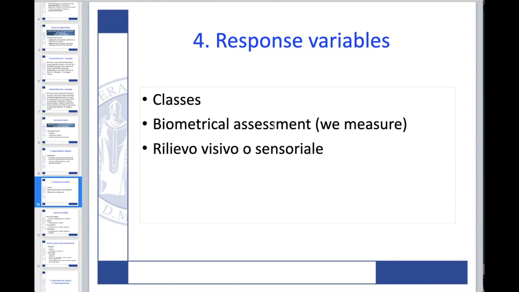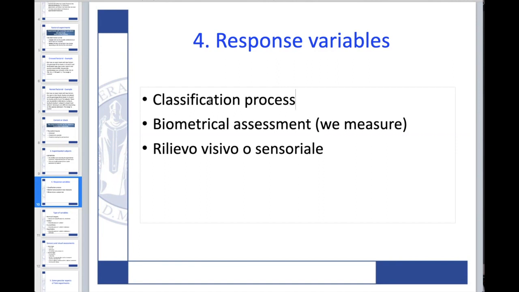But we measure. In some other cases, we make a sort of classification process. So we take the subject, we do not measure anything, we simply assign them to a certain class.